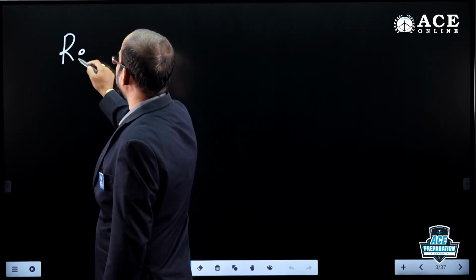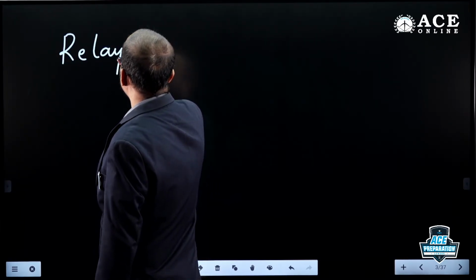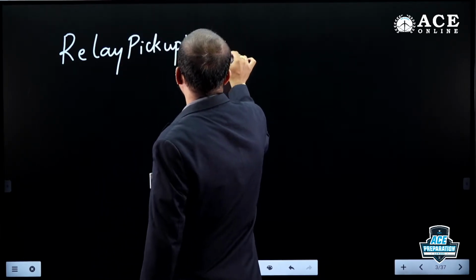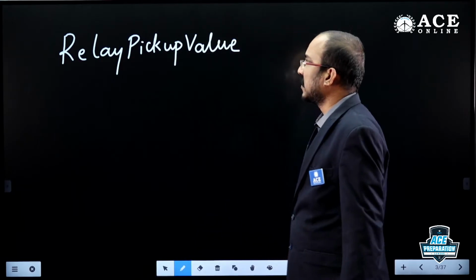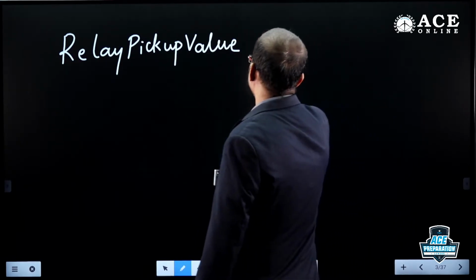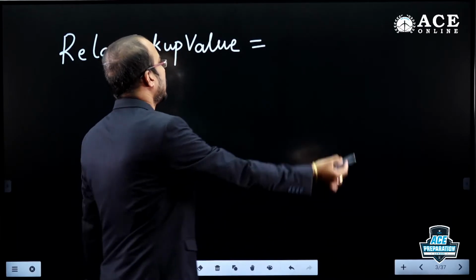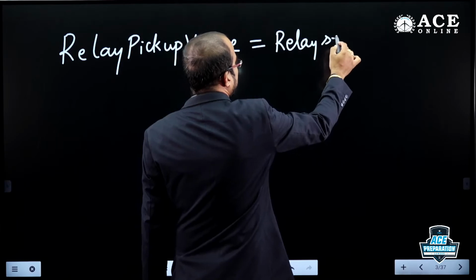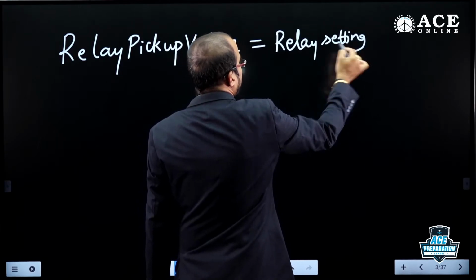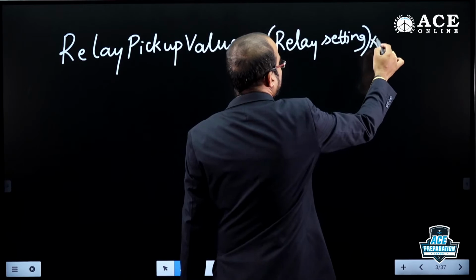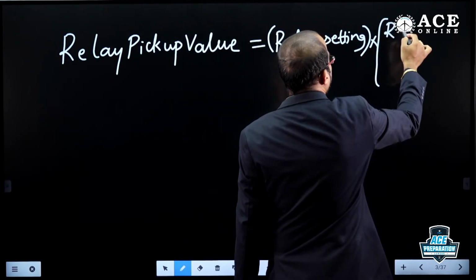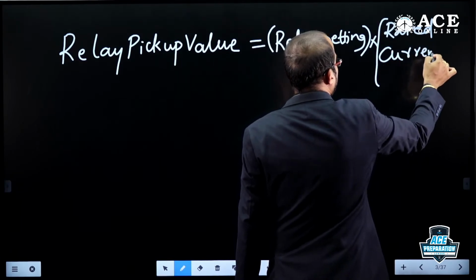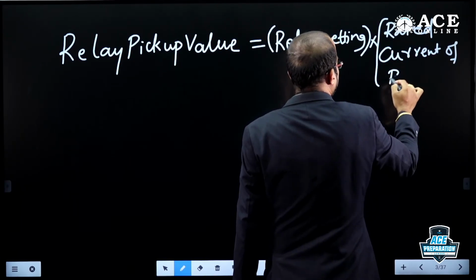So how do you calculate the relay pickup value? We need to calculate the value of RPV, that is nothing but relay pickup value. It is the relay setting multiplied with the rated current of the relay.